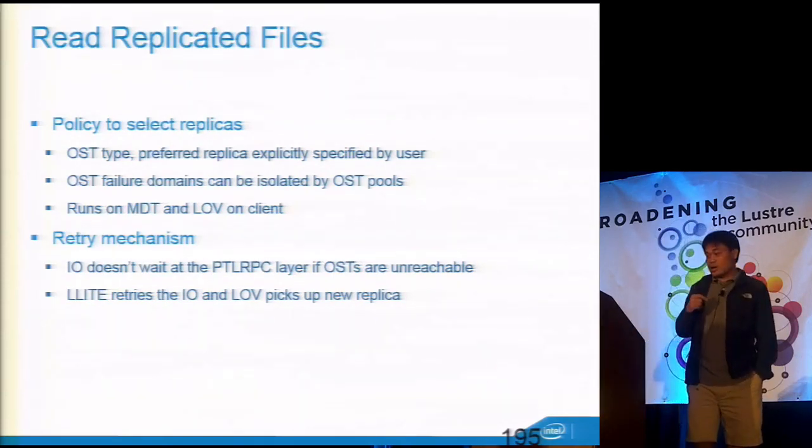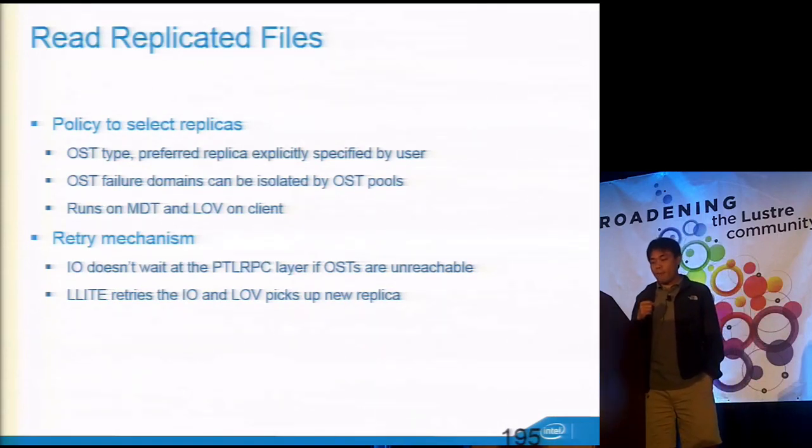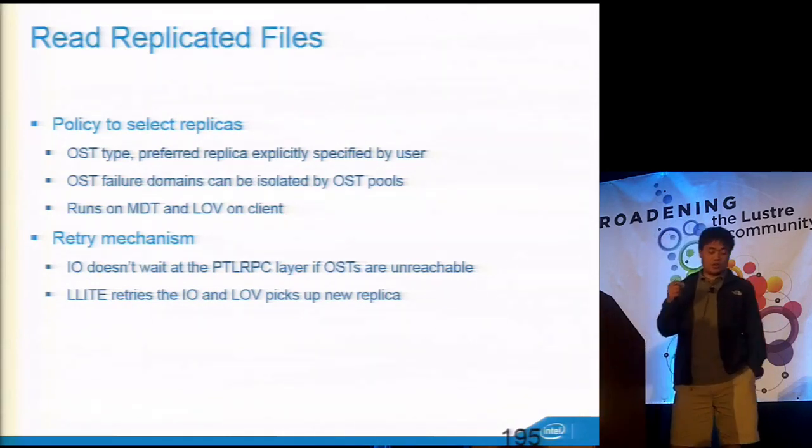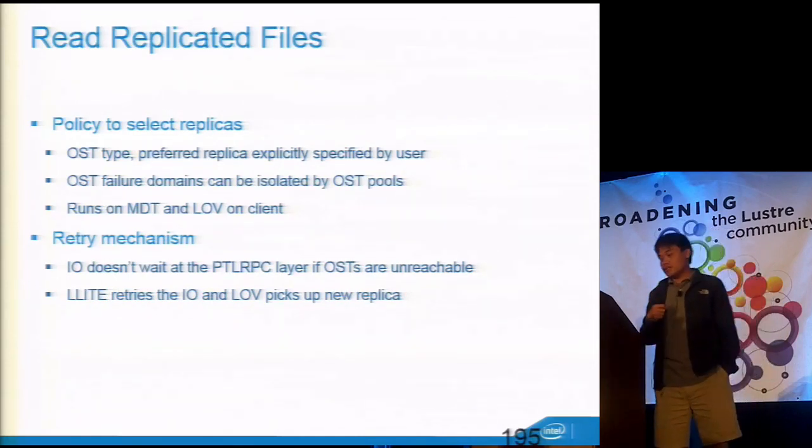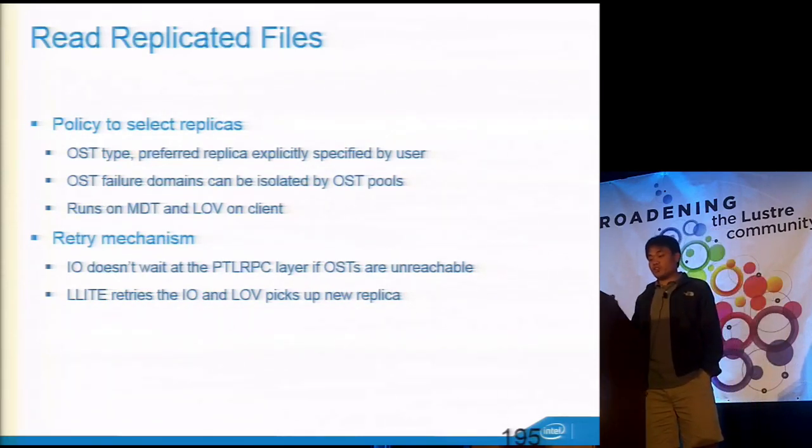As Andreas mentioned before, ideally, we should add topology information into OST, right? For example, rack information, server information, but this will need a lot of work. So we can take advantage of OST pool here.